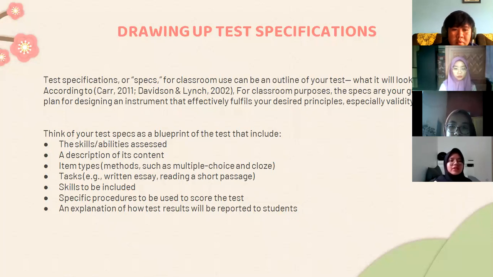Think of your test specs as a blueprint of the test that includes the skills or abilities assessed, descriptions of its content, item types, tasks, skills to be included, specific procedures to be used to score the test, and an explanation of how test results will be reported to the students.